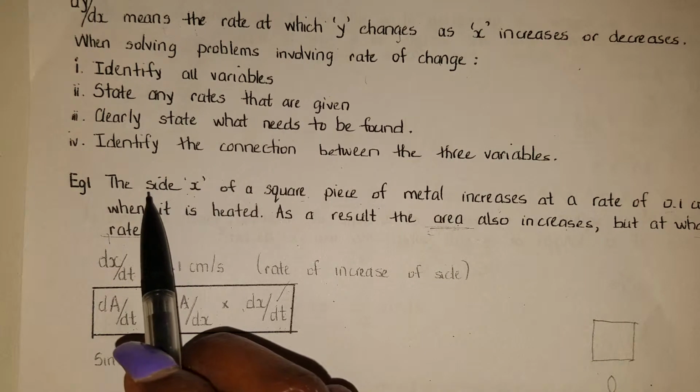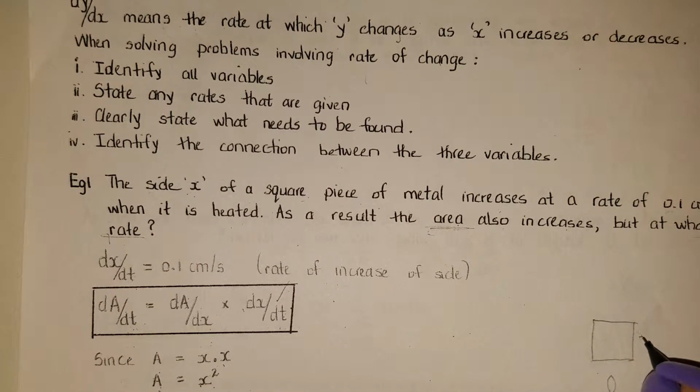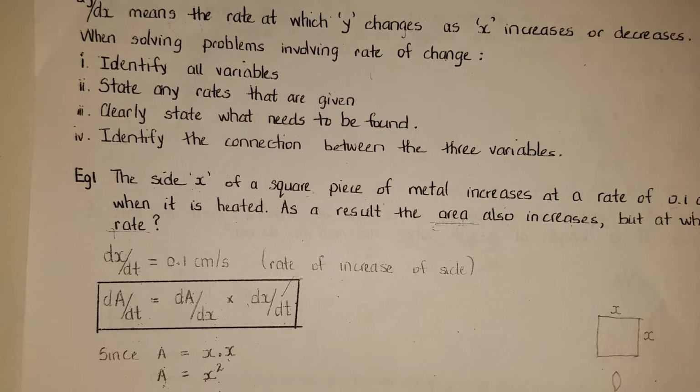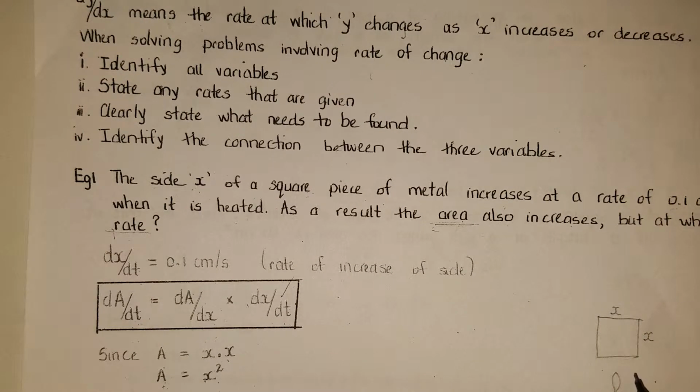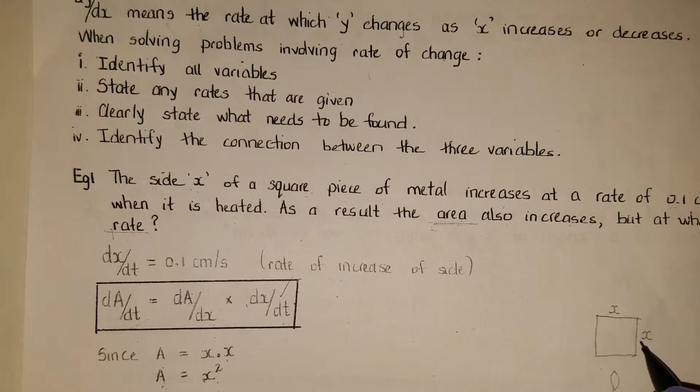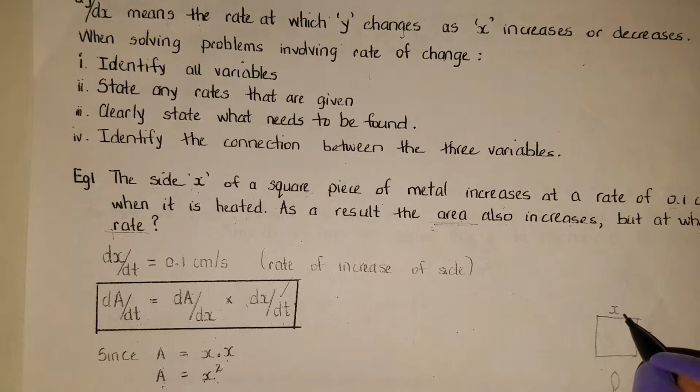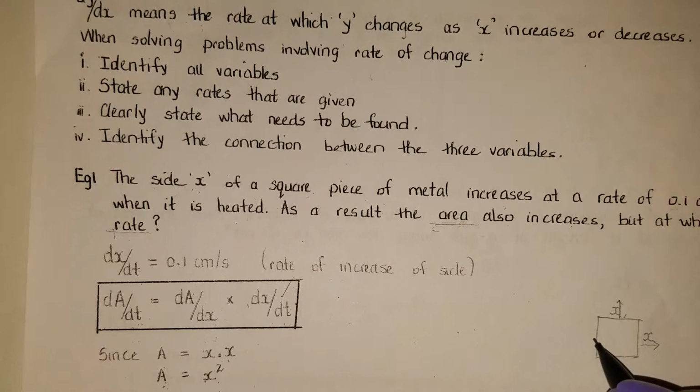Now it says this side of the metal square is x, which means that all the sides are x because it's a square. Now, when it is heated, it says that each side increases at a rate of 0.1 centimeter per second.